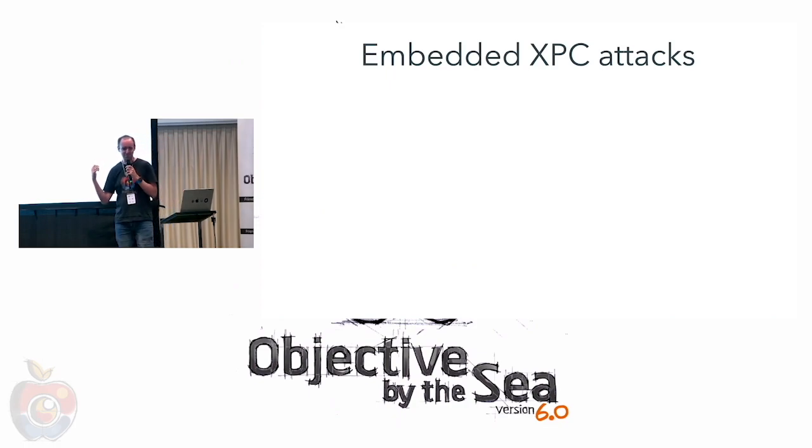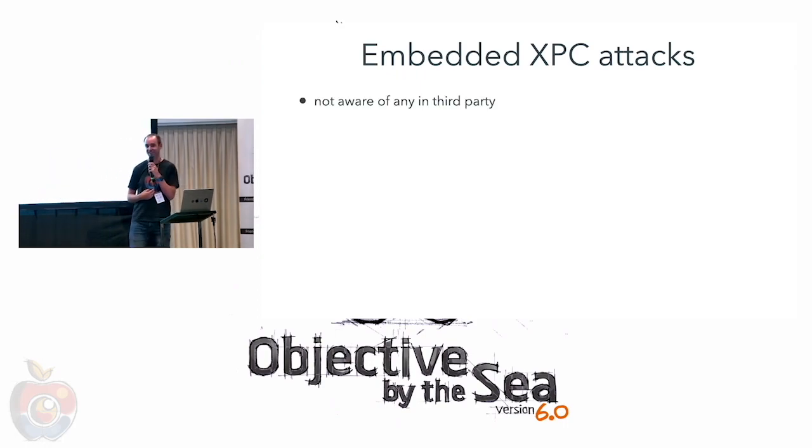I want to talk about this for some reason here, embedded XPC attacks. Embedded XPC, I mean when we have an XPC service inside the application bundle, and normally only the application can call it. So it's not like a system-level daemon. I'm personally not aware of any such attacks on third parties.